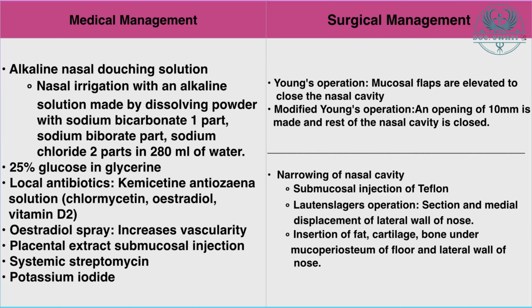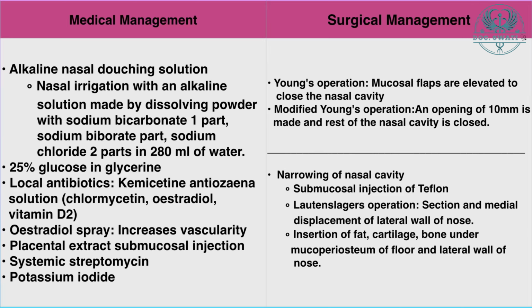Alkaline nasal douching solution: nasal irrigation with an alkaline solution made by dissolving powder with sodium bicarbonate 1 part, sodium biborate 1 part, sodium chloride 2 parts in 280 ml of water. 25% glucose in glycerine, local antibiotics, chloramphenicol anti-ozena solution, estradiol spray which increases vascularity, placental extract submucosal injection, systemic streptomycin, potassium iodide.